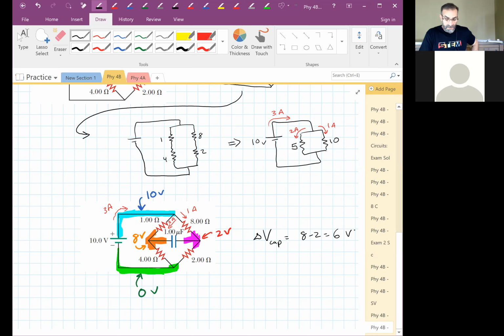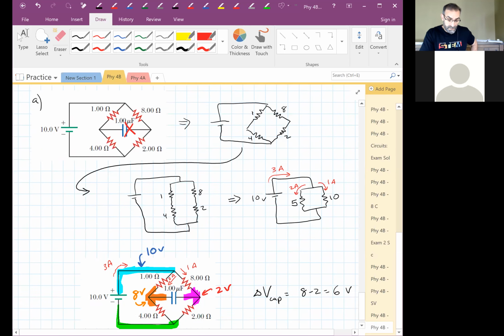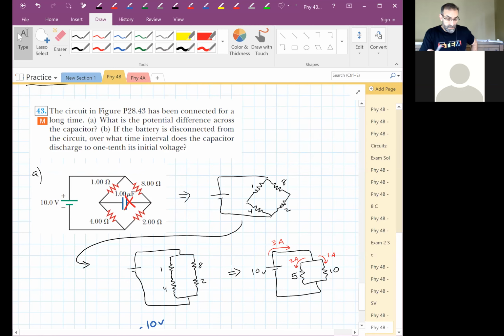Okay, let's do part B. Remove the battery. Over what time interval does the capacitor discharge to 1/10 of its initial value?